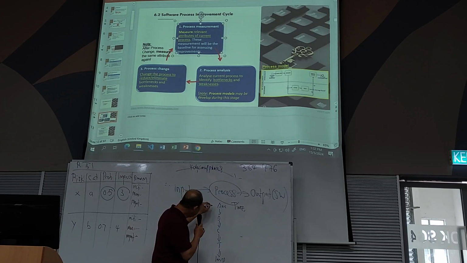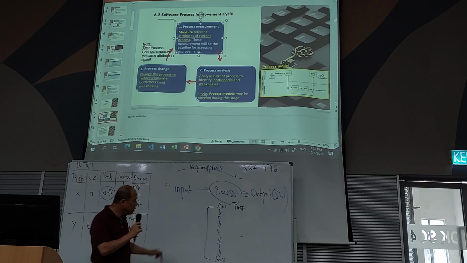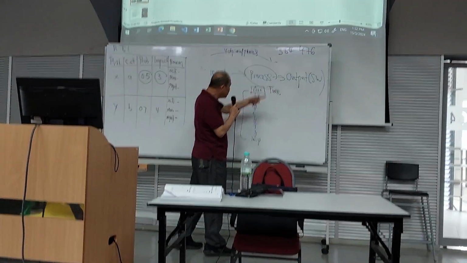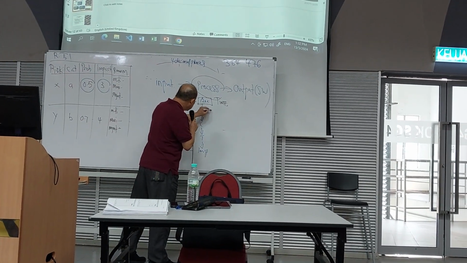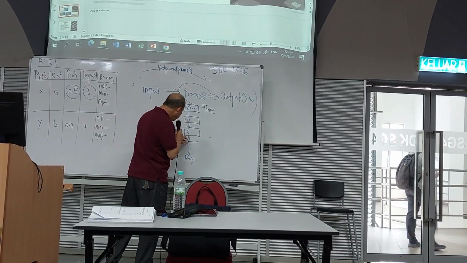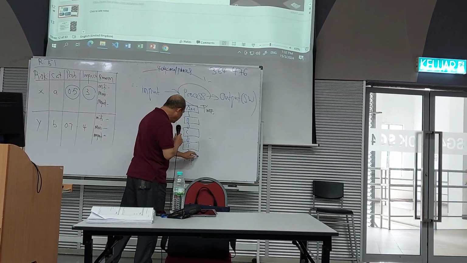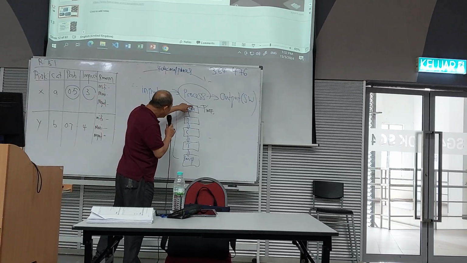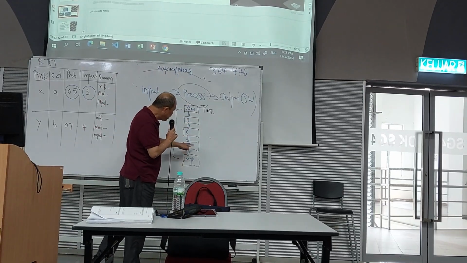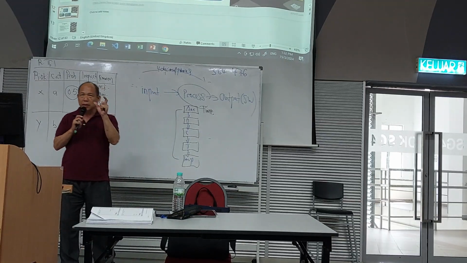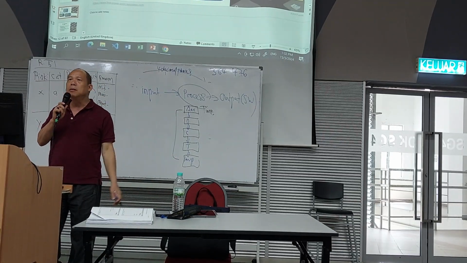You can measure the time from here to here, or the time to complete analysis, the time you spend in design, in coding, in testing, and in implementation. You can measure the time for each individual phase, or the time from start to end. What else can you measure besides time?